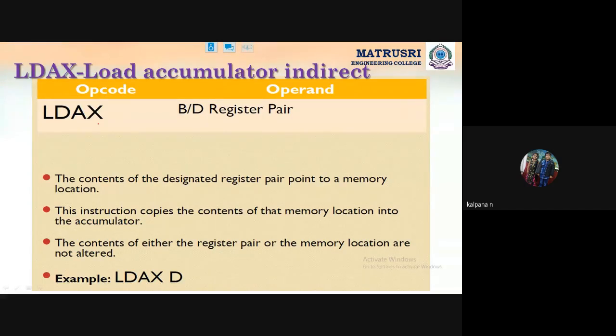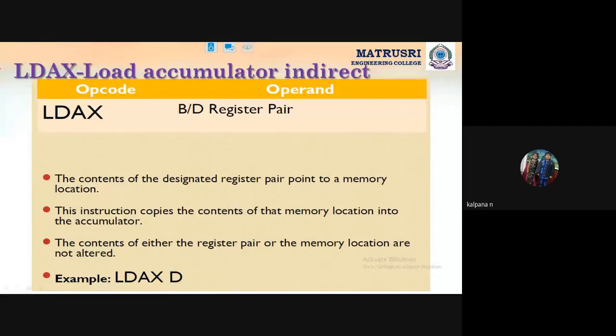How many registers does the 8085 have? 6 general purpose registers: B, C, D, E, H, L. These 6 general purpose registers are of size 8 bit, and we can use them as 6 8-bit registers or as 3 16-bit registers.